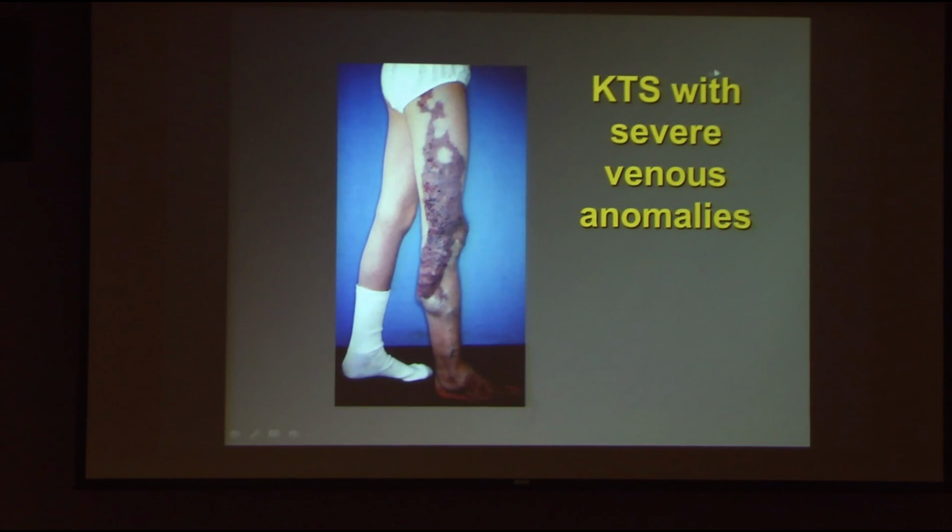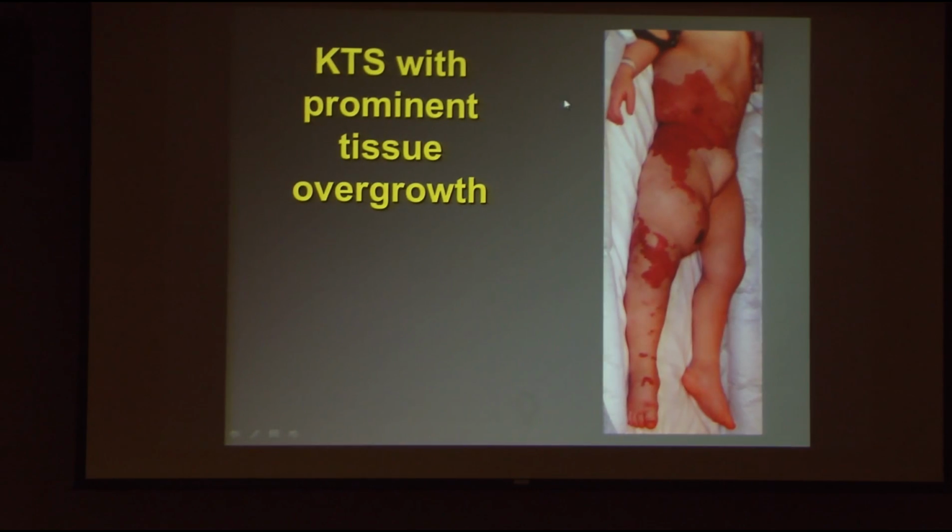Here's a patient who has more extreme involvement of the anomalous veins and less overgrowth and lymphatic component. Here's somebody who has capillary stain, some anomalous veins, and tissue overgrowth. This overgrowth is probably more in the realm of fatty tissue and lymphatic cysts.